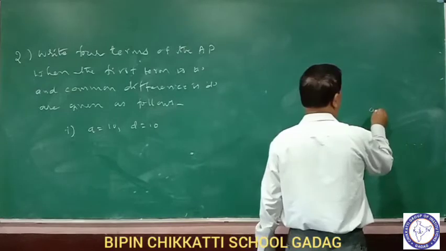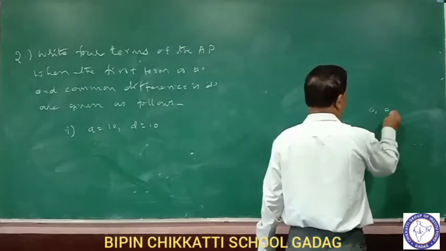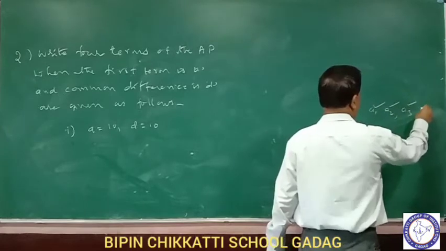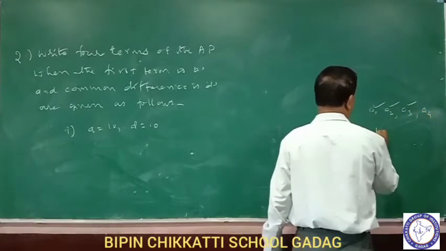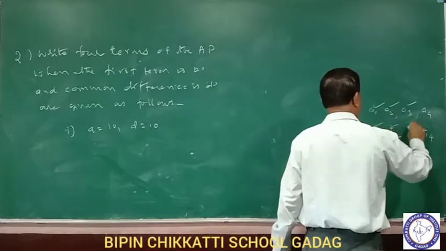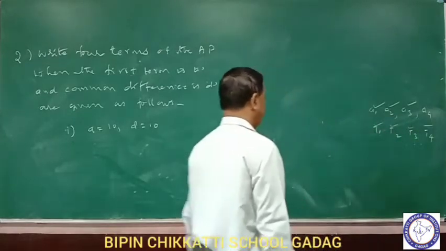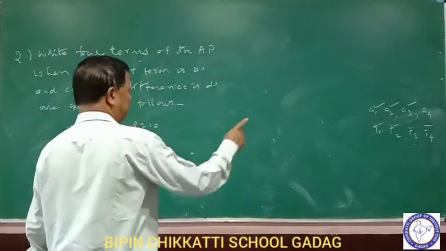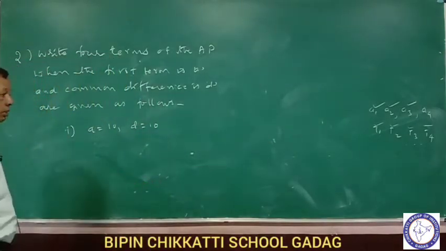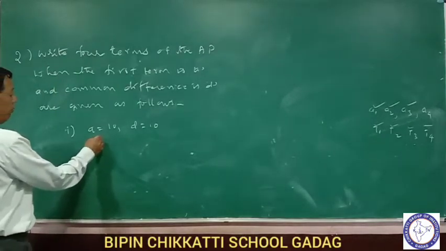So here you have to understand, as we have already discussed, A1, A2, A3, first term, second term, third term, and A4, or sometimes T1, T2, T3, T4. So T1, T2, T3 are also the terms of an AP. Suppose I want to go for only the first 2 terms.